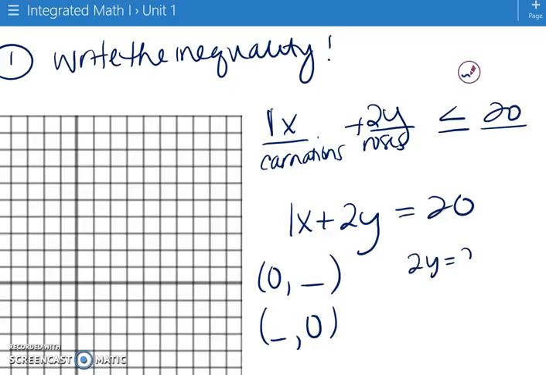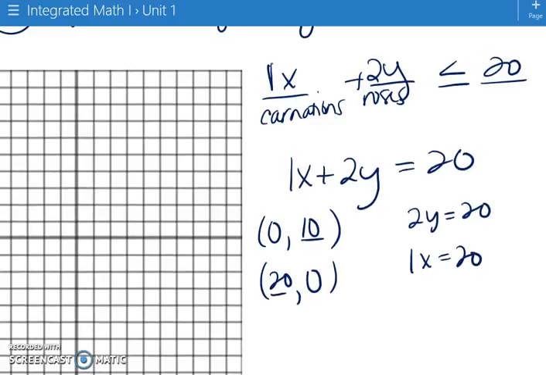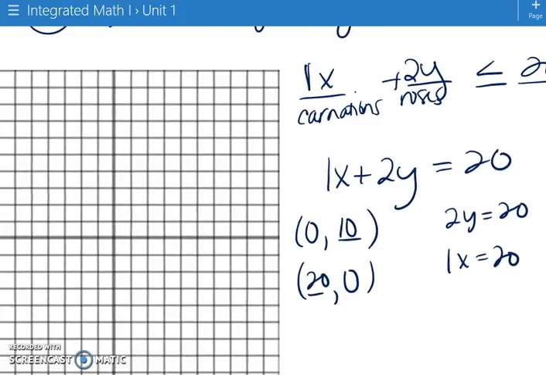So I'll get 2y equals 20. That means y has to be 10. And for my second point, I'll plug in 0 for y. So I'll get 1x equals 20. So x must be 20. So using those 2 points, I can plot them and graph my line. Go ahead, test the point, tell me what you come up with.